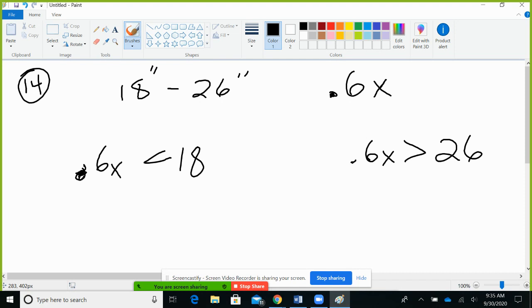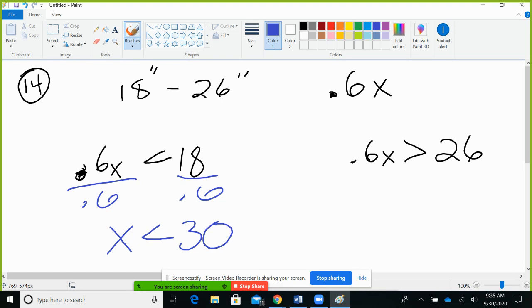So we would divide by 0.6, divide by 0.6, and you get x is less than 30.